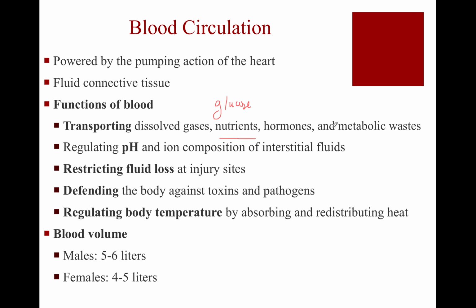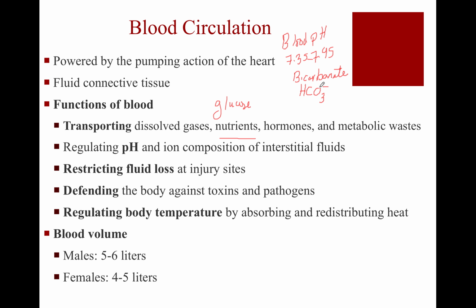Now, for regulation of pH, something that you need to know is that your blood pH ranges from 7.35 to 7.45, and it can accomplish that by relying on the buffer system called bicarbonate, if you guys remember that, which is HCO3 minus. And we'll discuss this in both the respiratory system and urinary system, as well as in the sense of blood.